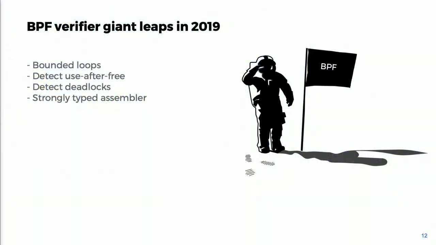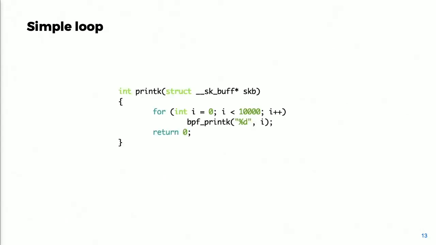This year, 2019, was absolutely amazing for verifier advances. Earlier this year, we finally solved the halting problem. Who knew? Let's take this example. Because it's symbolic execution, now the verifier, which used to just reject all loops, would analyze the control flow graph, find the back edge and say, I don't know what to do about loops.